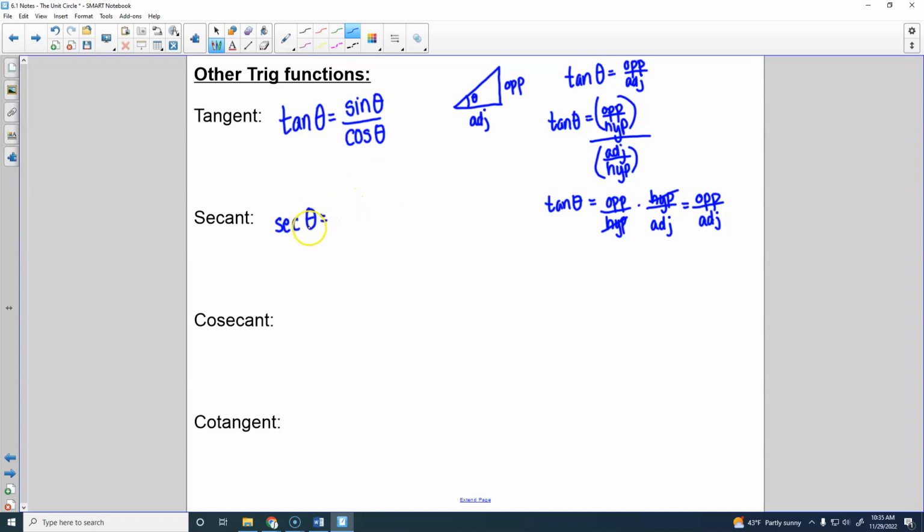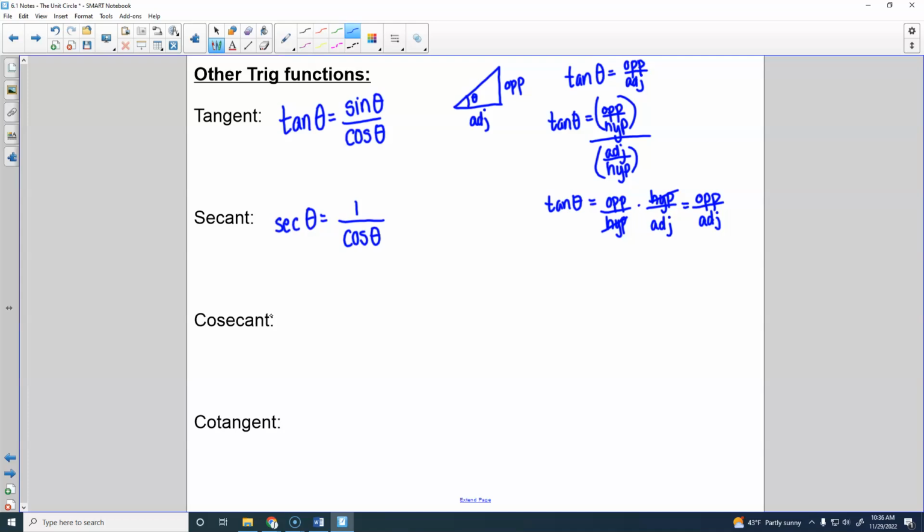All right, secant of theta is 1 over cosine of theta. If you think about that, it should make sense because it's just the reciprocal. Cosine is adjacent over hypotenuse. Secant is the reciprocal of that, hypotenuse over adjacent.